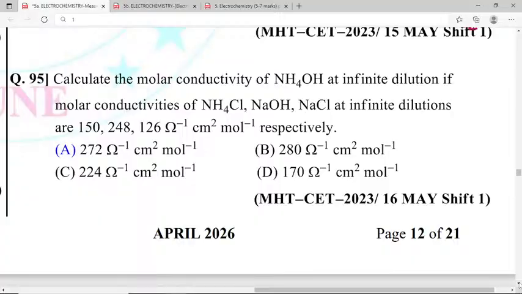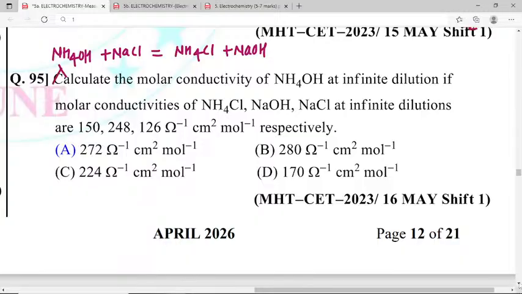Next, calculate the molar conductivity of ammonium hydroxide. So we have to calculate ammonium hydroxide plus NaCl; NaCl should be on the right side. So ammonium chloride is on the right side plus NaOH. We have to calculate lambda of NH4OH.